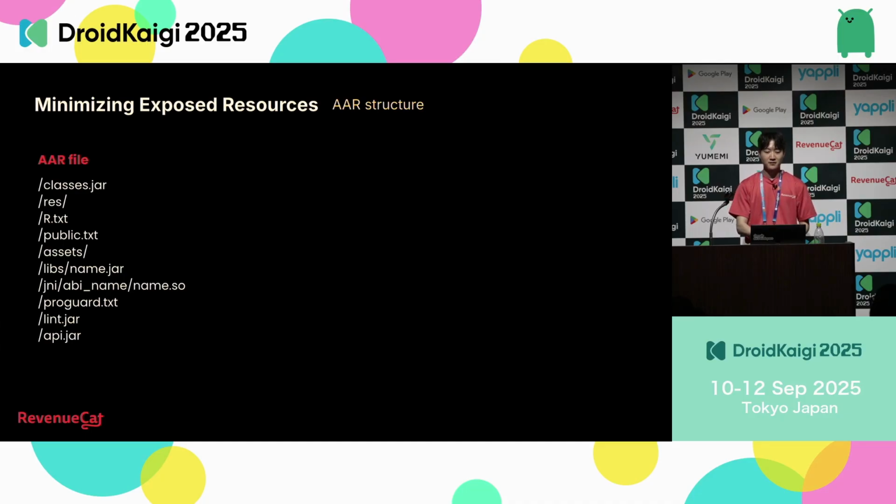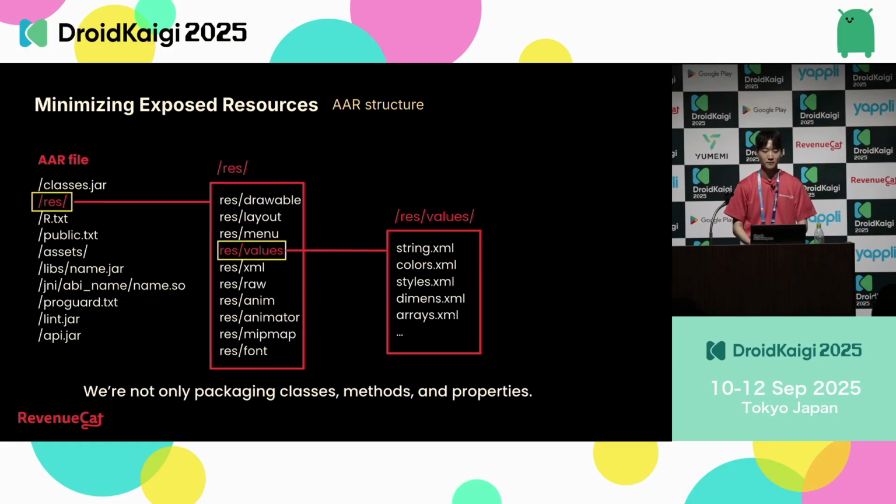And if you unpack an AAR file, you will see the entire resources around your library, such as classes, assets, and ProGuard. Especially if you look into the resources directory, you will notice that all the Android resource files, such as strings, colors, and styles, are bundled together.